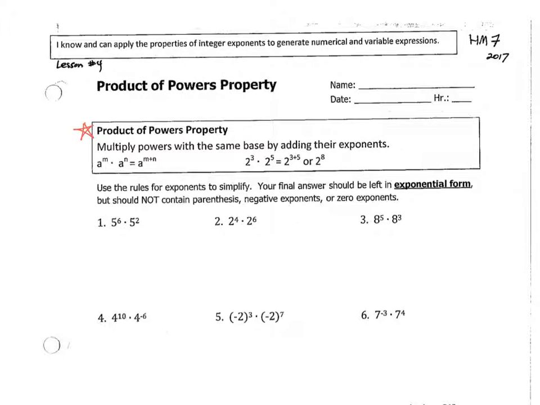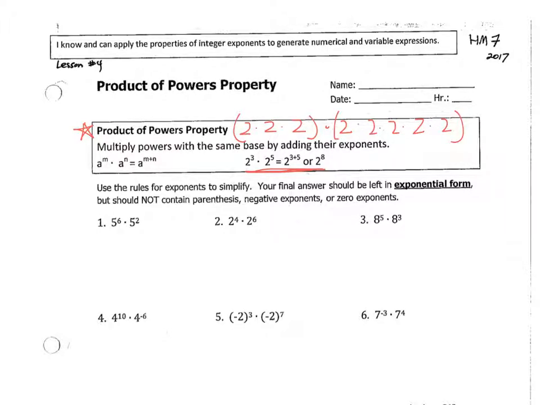If you take a look at this example to the right, 2 to the third power times 2 to the fifth power, well, 2 to the third power is 2 times 2 times 2, and then I'm multiplying that amount by 2 to the fifth power, which is 2 times 2 times 2 times 2 times 2. So we've got 5 2's there.